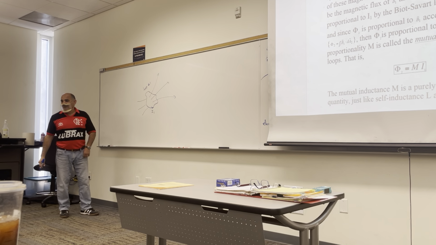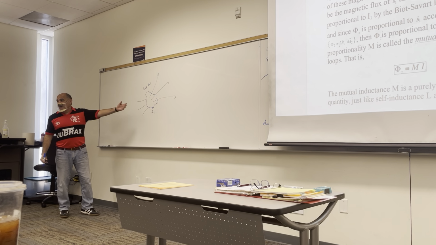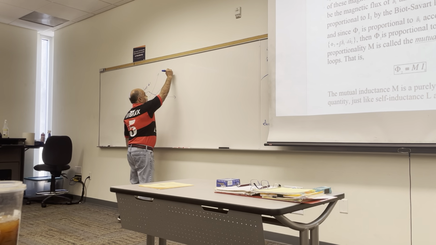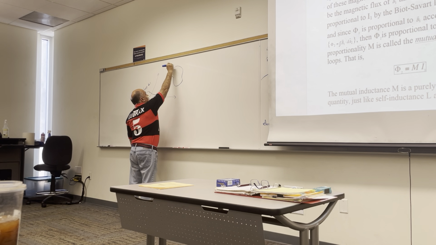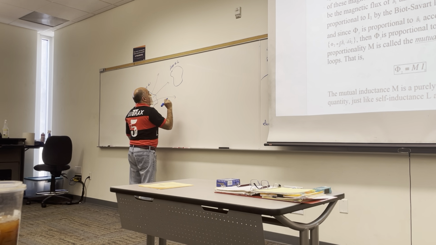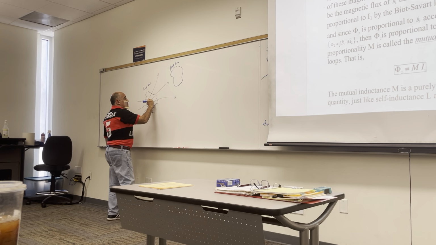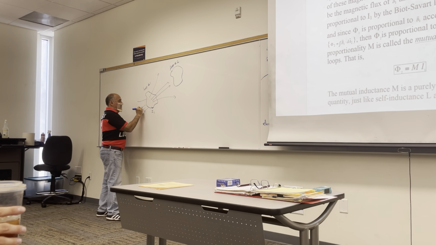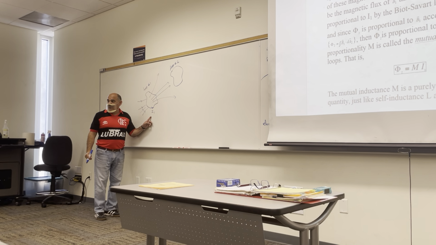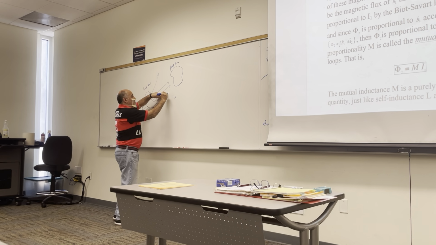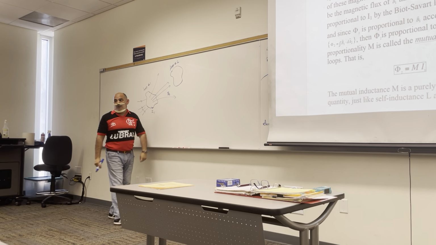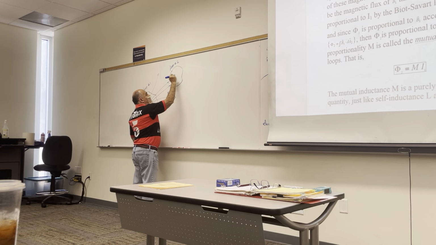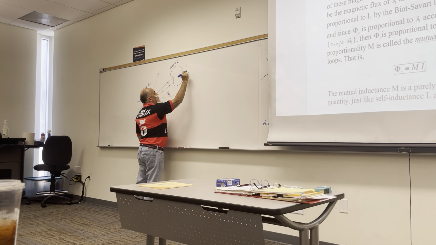Now, what if near this loop is another loop, loop number 2? Some of the magnetic field lines generated by the current I1, let's call it B1, will go through that loop.